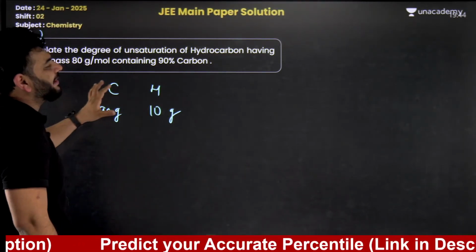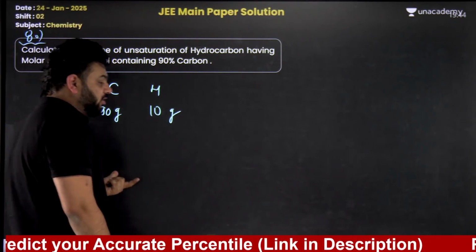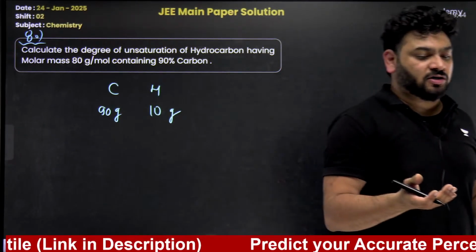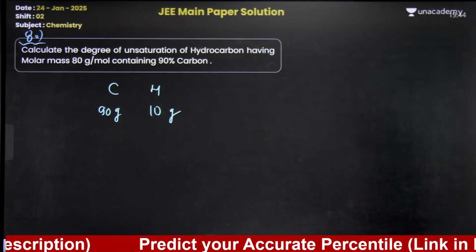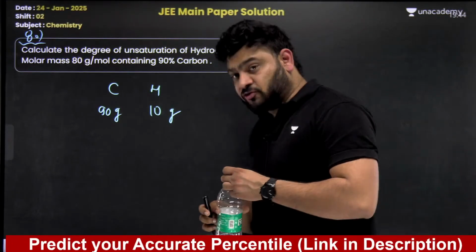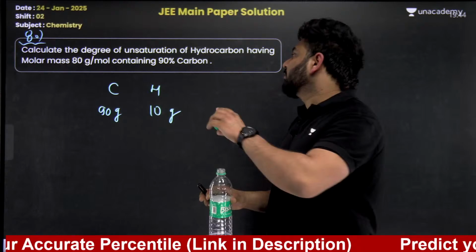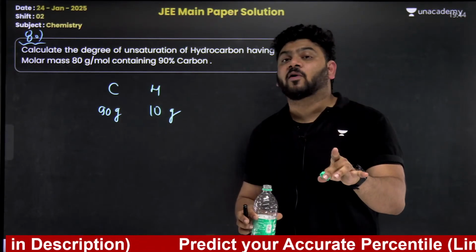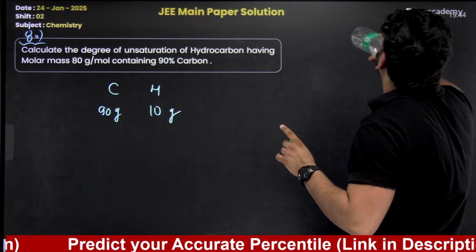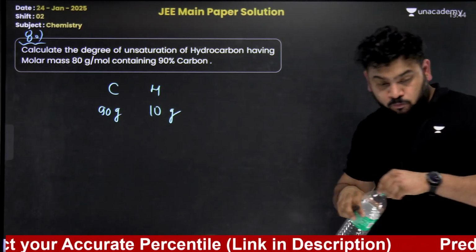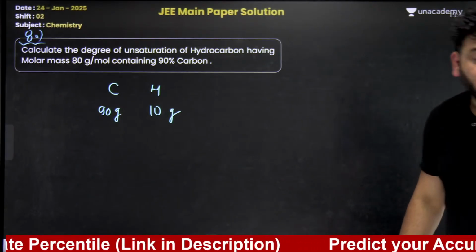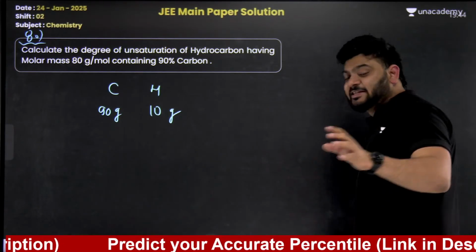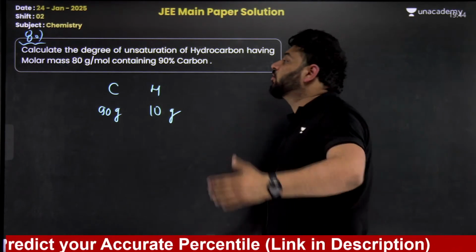So we are applying the empirical formula. This question might be from GOC, or it can be taken from hydrocarbons as well, but actually this is mole concept only. It's an absolute application of mole concept where we study the empirical formula and molecular formula. Come on everyone, and please let me know in the comment section whether this question was in your exam.